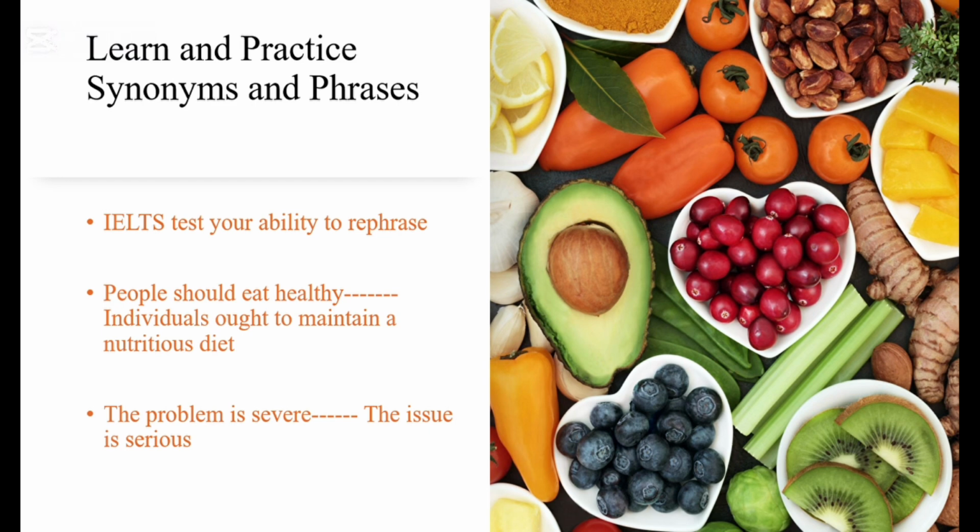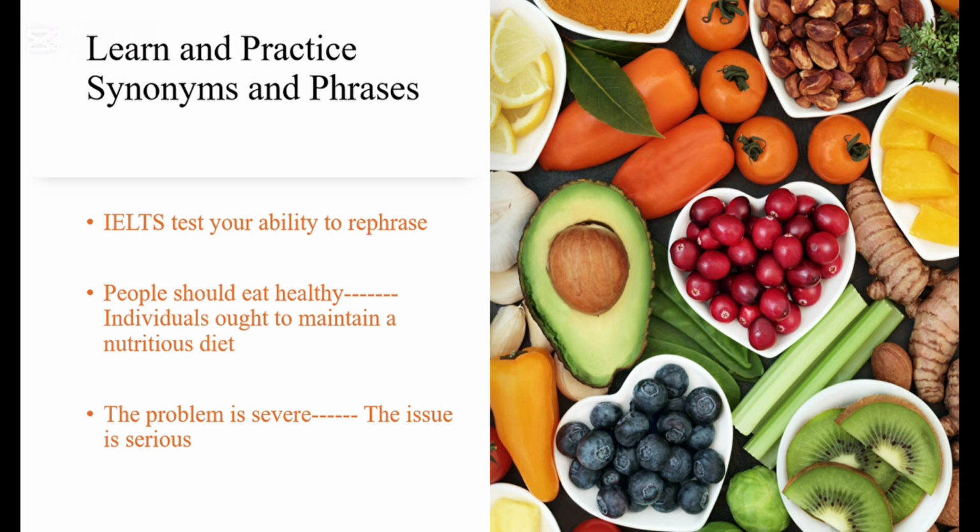As I said, IELTS is all about synonyms, vocabulary, and paraphrasing. You need to learn how to rephrase the words, and how to use different kinds of words in your speaking. If you continue using the same words from the scenario or from the question, you will not be able to get higher band scores.